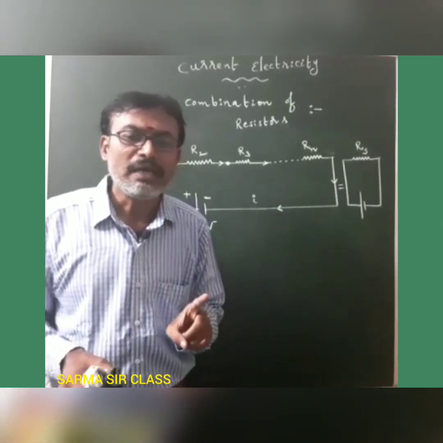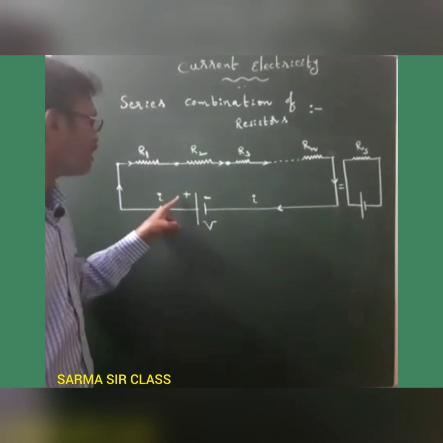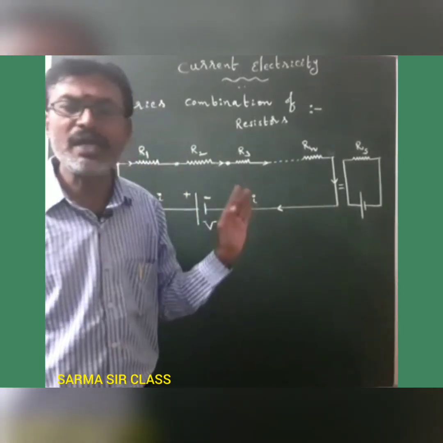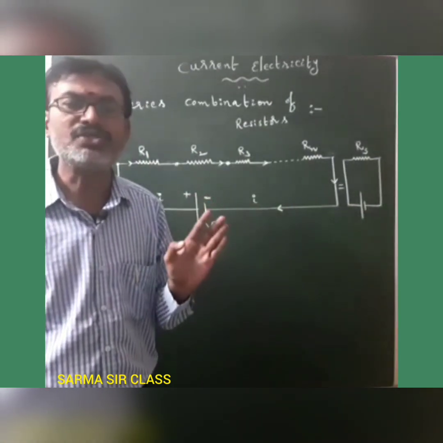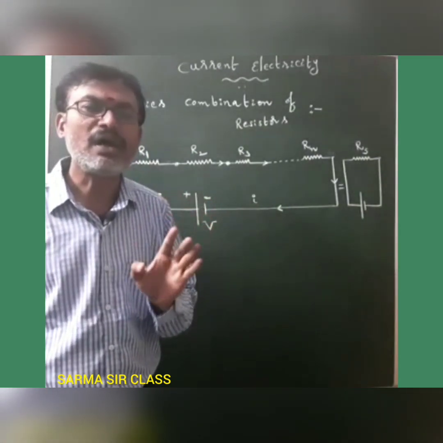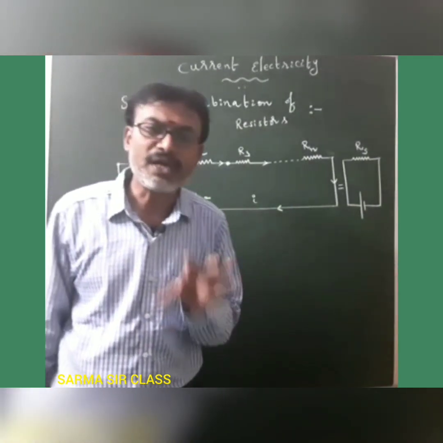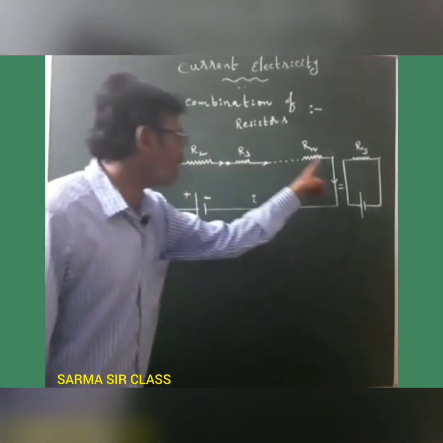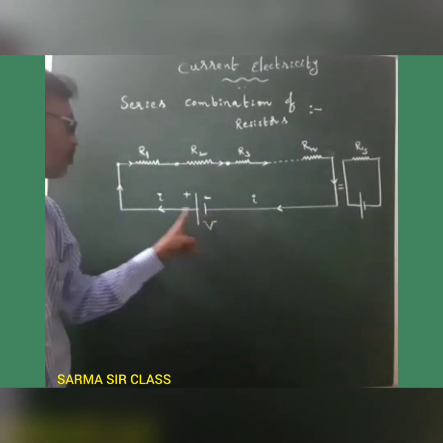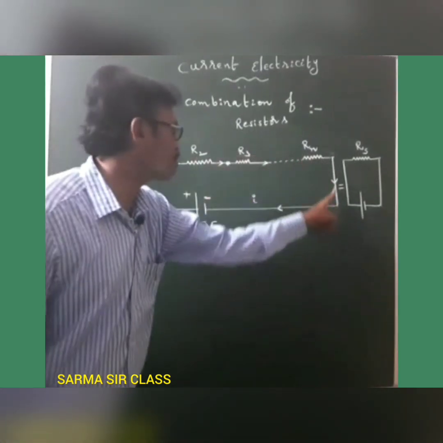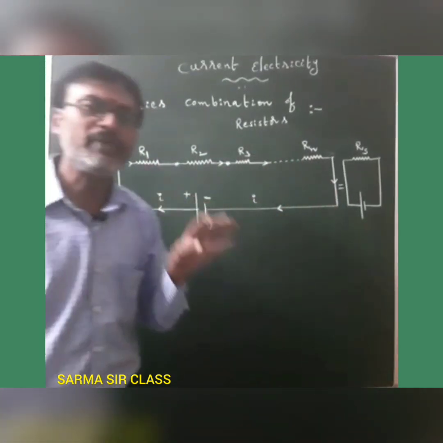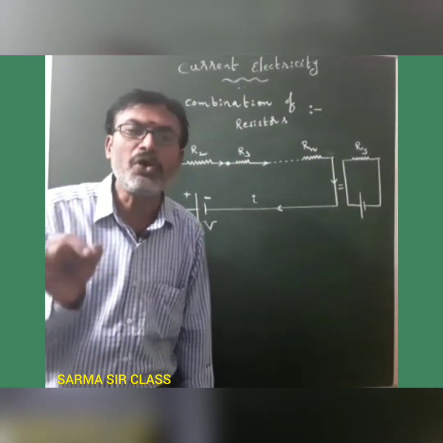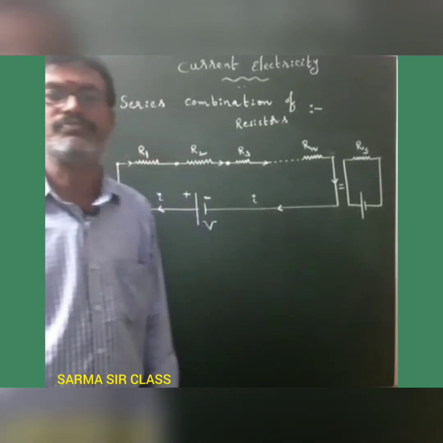What is that? The resistors are arranged in such a way that the current flows only in one direction. Then such a combination is known as series combination of resistors.